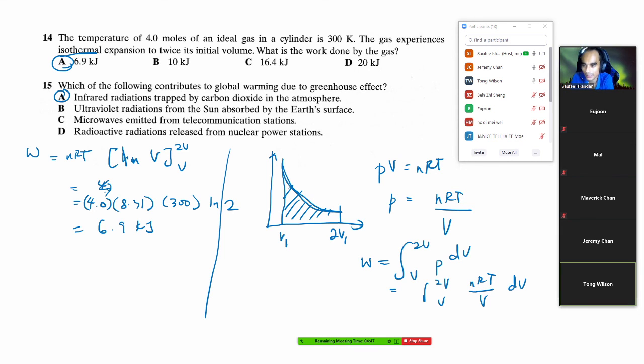Somehow I see that it will increase the Earth's surface temperature, but it is not what we call the greenhouse effect. The meaning of greenhouse effect is because of the infrared radiation trapped by carbon dioxide. Ultraviolet radiation can increase the Earth's surface temperature, but we don't call it a greenhouse effect.